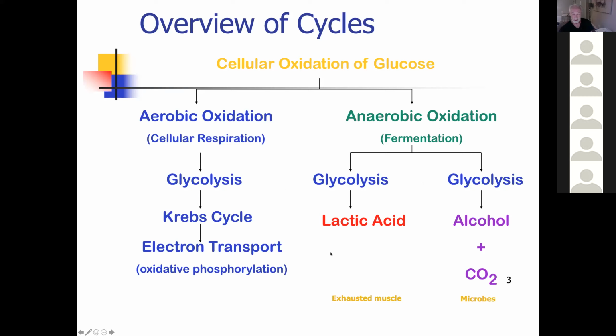So in the case of, say, your muscles, with the absence of oxygen, you get lactic acid. If, on the other hand, it's a microbe, for example, a yeast, you get alcohol and carbon dioxide. And both of these products are very important to us humans.